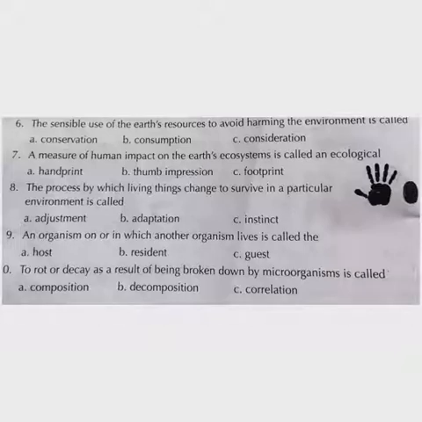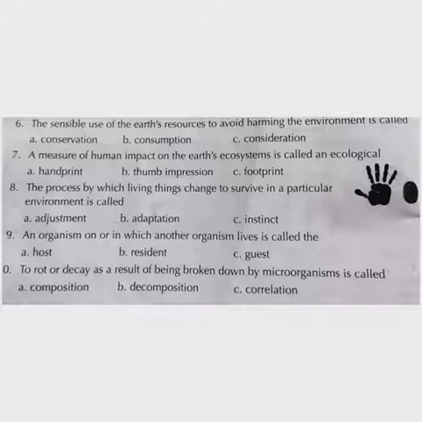Okay children, so first one answer footwear, second one biotic, third one habitat, fourth one population, fifth one ecology, sixth one conservation, seventh one footprint, eighth one adaptation, ninth one host, the last one is decomposition.